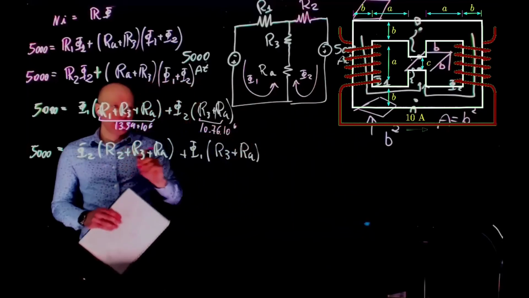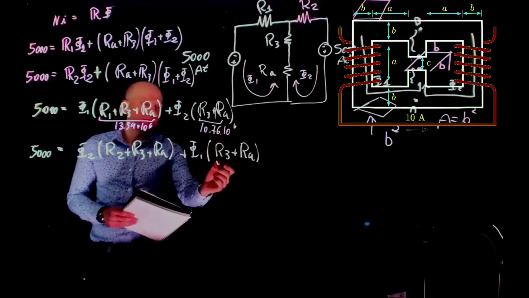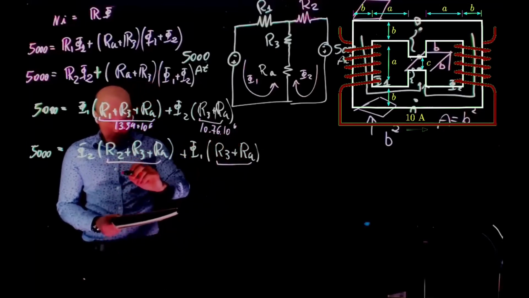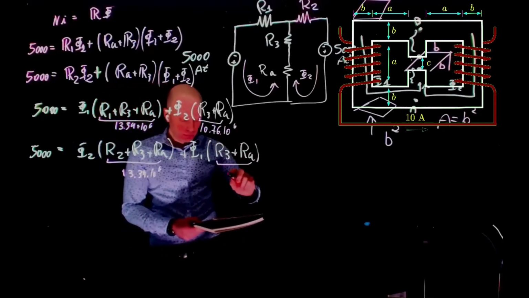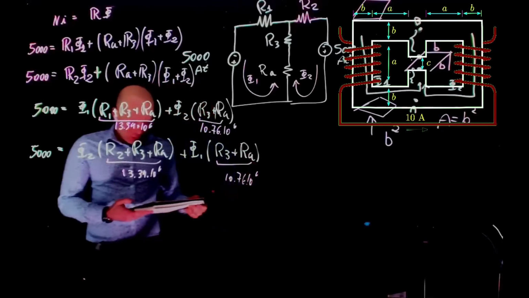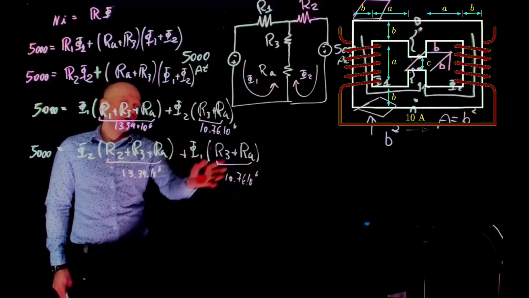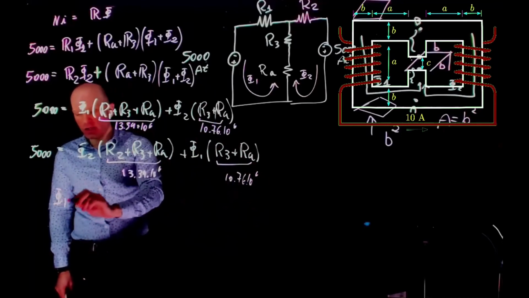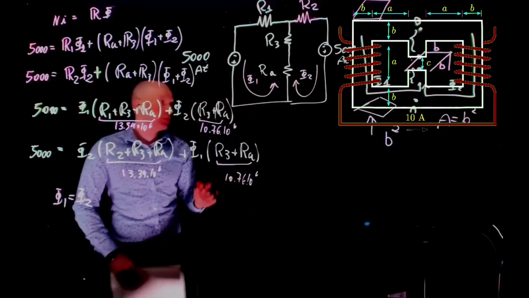And you notice that they are actually the same: here we have the same value as here, and here the same value as there. We can now solve this simple system of two equations. We have two variables, and we know everything else. And we'll notice that phi1 equals phi2, not a surprise because this is symmetric with respect to one another.